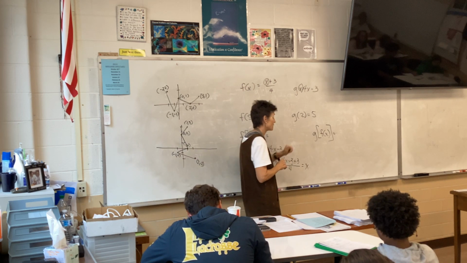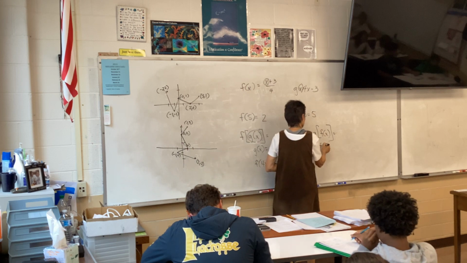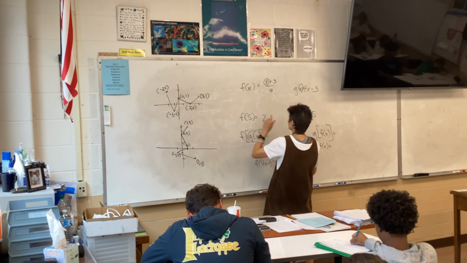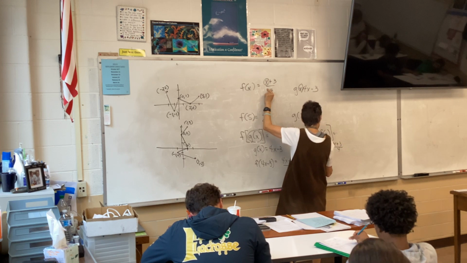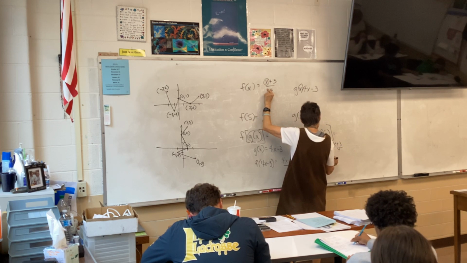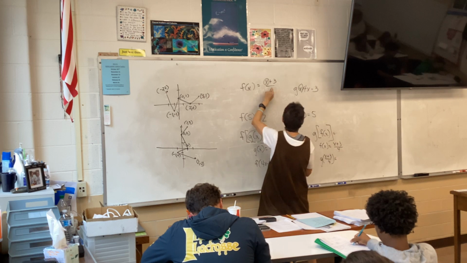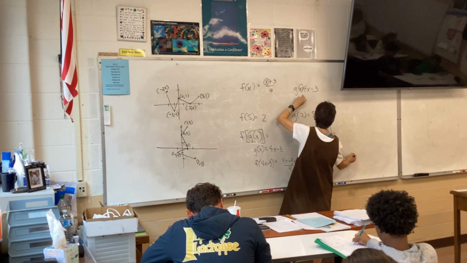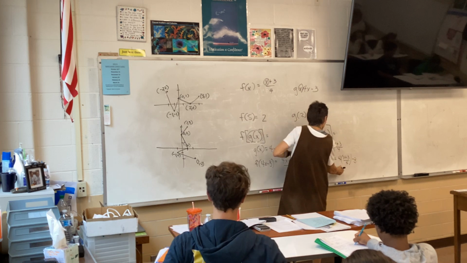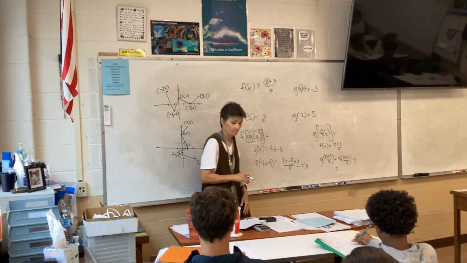Done. Same thing here. Start with f of x. So f of x is (x plus 3) over 4. Plug that into g. So 4 times (x plus 3) over 4, minus 3. What has to happen?